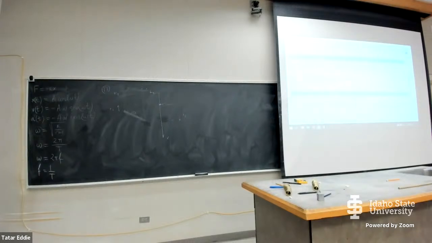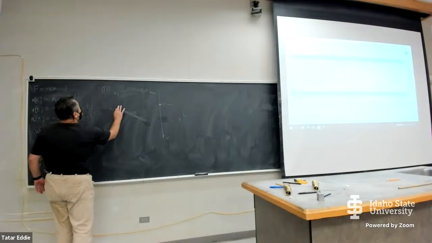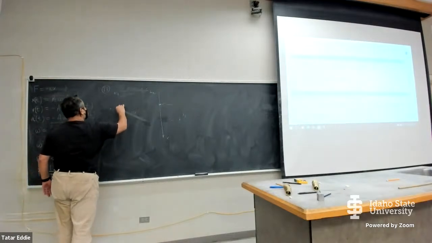So this problem is good because you have to now not only draw the setup, but put together the free body diagram, showing all the forces that act on this stick, together with the location where those forces are applied. I'll put this as an arrow only in one direction because it is displacement.